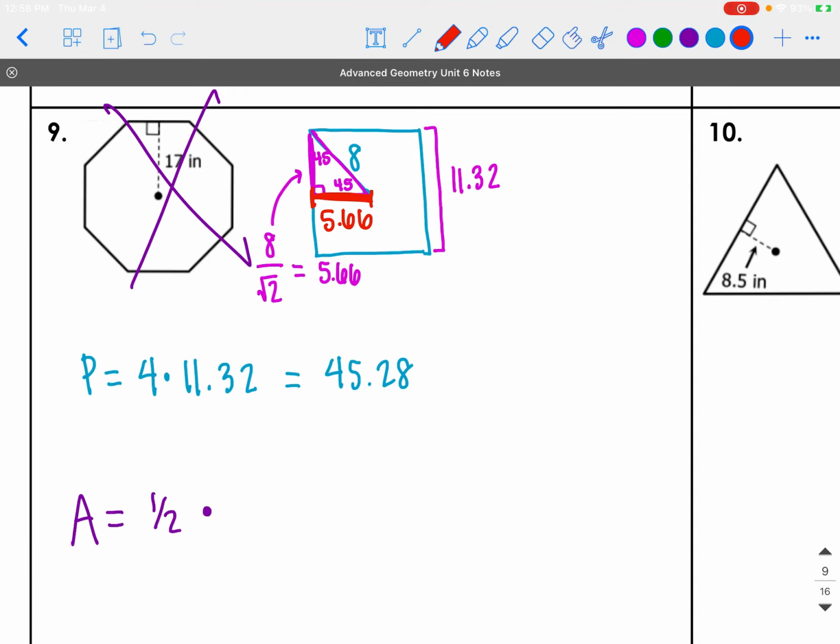Because remember, in a 45, 45, 90, both legs are the same. So the apothem is 5.66 times the perimeter, 45.28. And this becomes 128.14 centimeters squared.